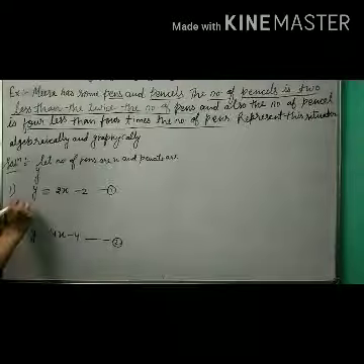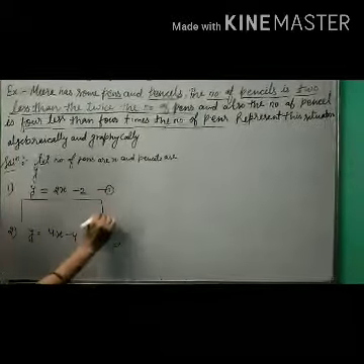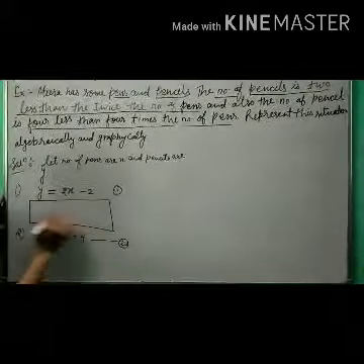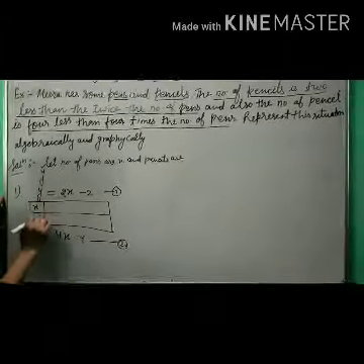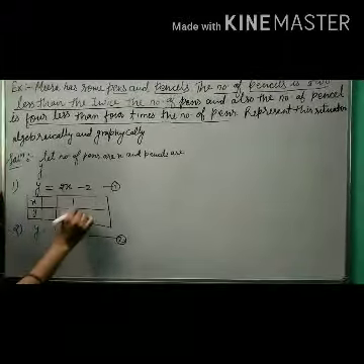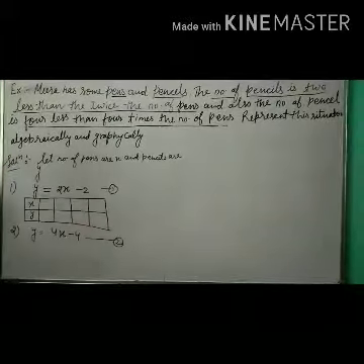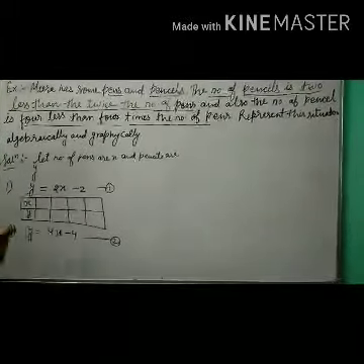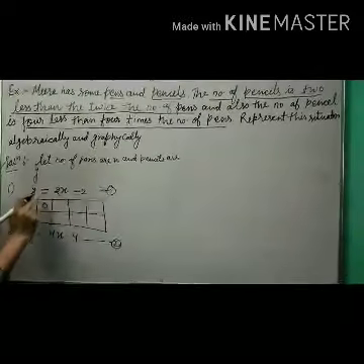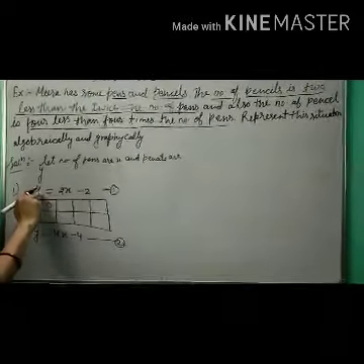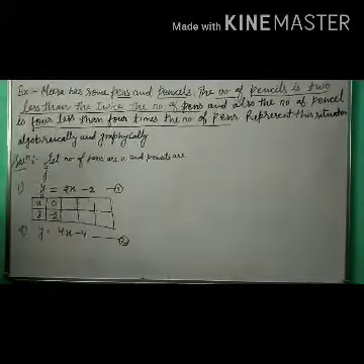Now we will make a table to find the values of x and y in both equations. Here we have x and y. Now we will put the value of x and find the value of y. If x is 0, then y is minus 2.